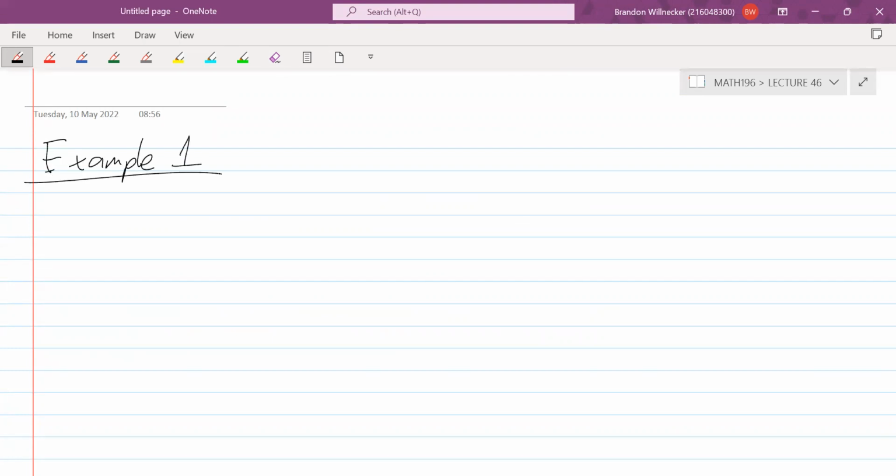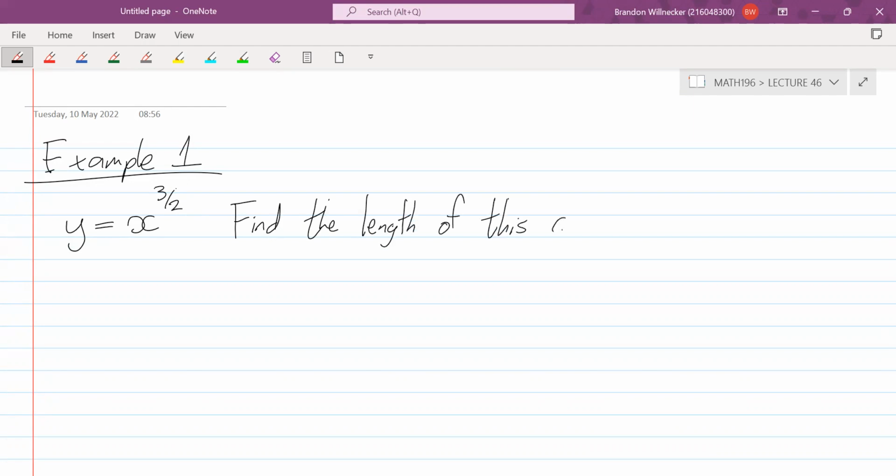We're given the following curve. y is equal to x to the 3 over 2. And we want to find the length of this curve from x equals 1 to x equals 4.